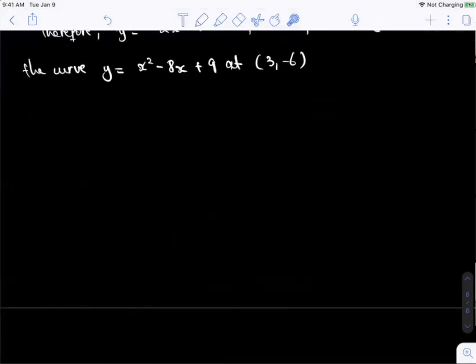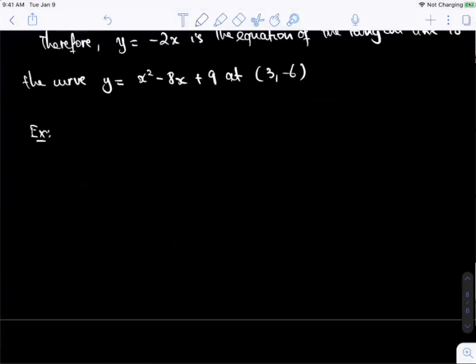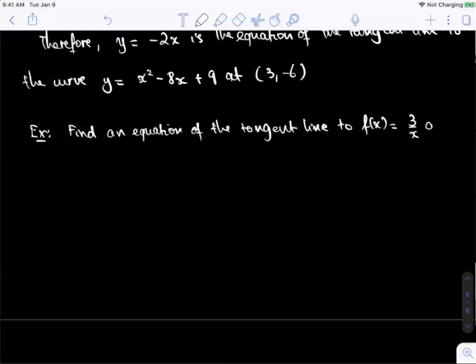Let's look at another example. Find an equation of a tangent line to f of x equal to 3 over x at the point 3, 1.